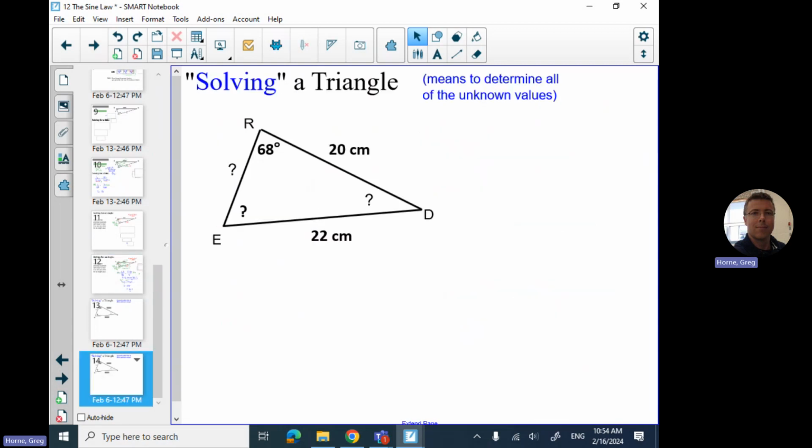And the other thing to be able to do is just solve a triangle. So solving a triangle means to get all of the unknown values. Okay, this question was originally, I modified it, but originally it was just solve for this angle. And so that's set up to be a sine law, right?